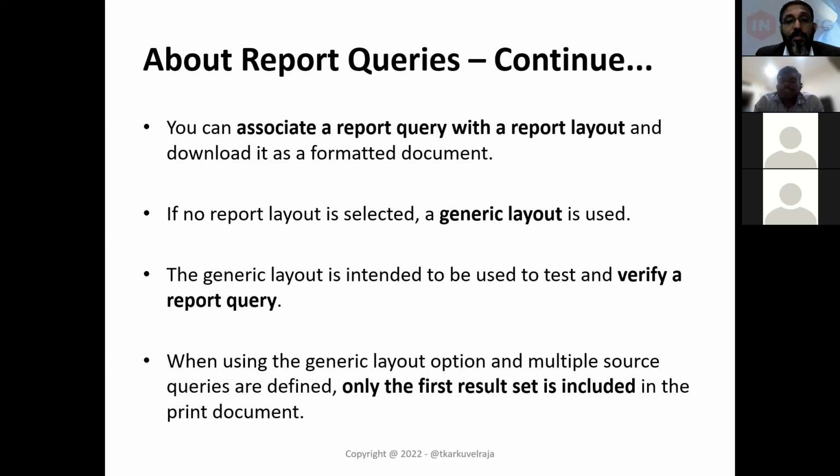When using the generic layout option and multiple source queries are defined, only the first result set is included in the print. So if you want to print multiple source queries in the layout, then you need to go with the customized layout. If you want to use the generic layout option, then you have to use only one SQL query. That is a limitation which we have in report queries and report layouts.